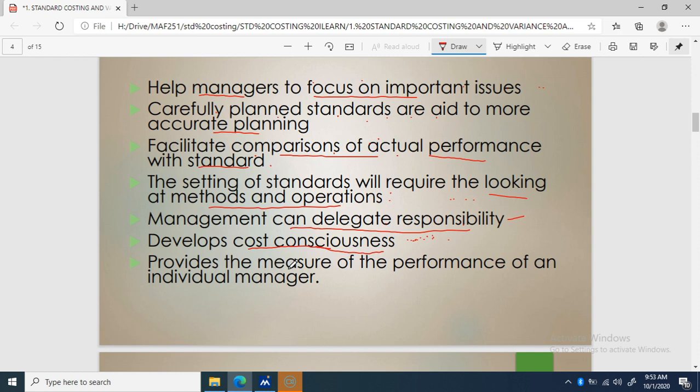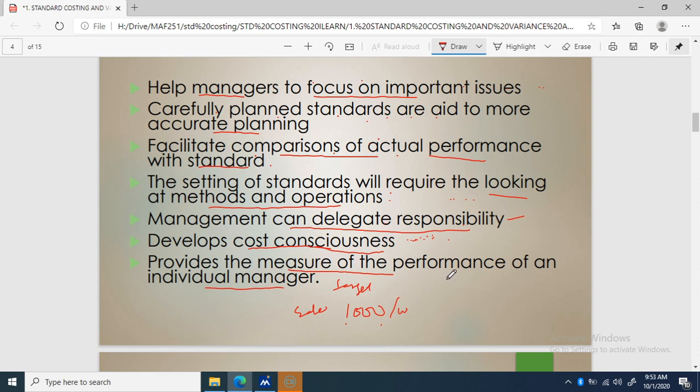Okay, and then provides a measure of the performance of individual managers. Let's say when you set the target for sales, the target is 1,000 units for 1 week to achieve. So the sales department should sell 1,000 in 1 week.